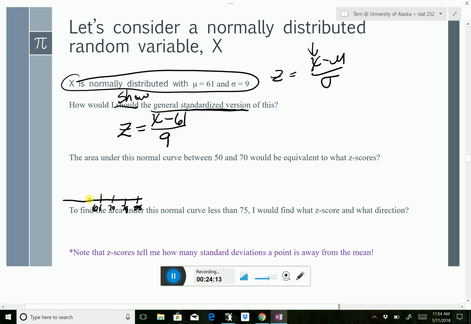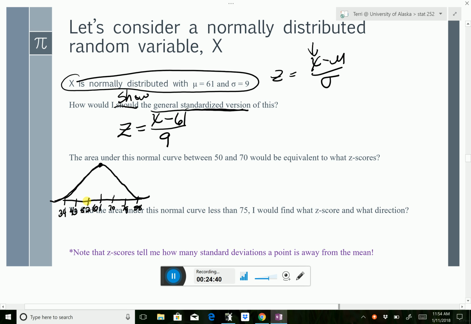And over here, minus 9 will be 52. And over here will be 43, and over here will be 34. So I've got 3 standard deviations on either side. So this is going to look, here's the middle, 61. So this is going to look something like this. Okay, that was terrible, but not bad.